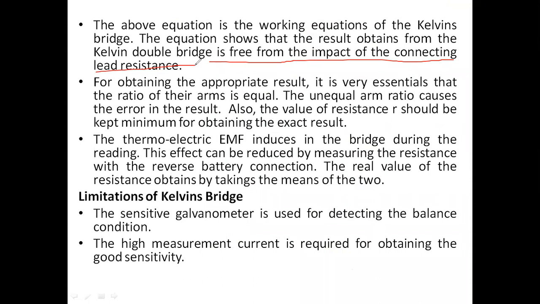This is one of the important things we got. And in order to obtain that appropriate result, we balanced the ratio arm by converting the ratio arm delta connection into star connection.